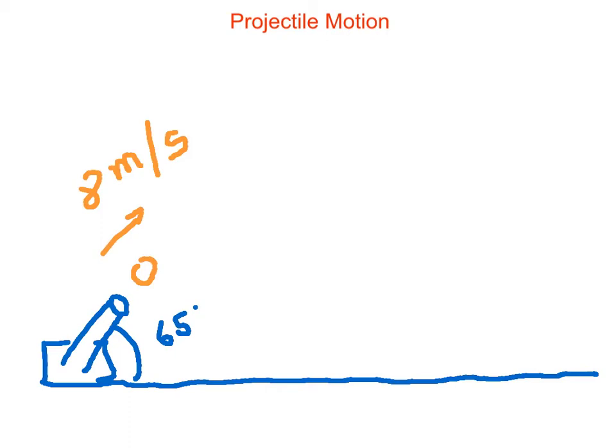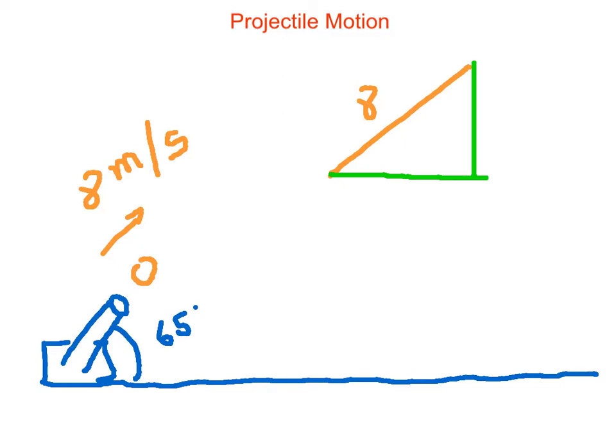So this is basically what we have. We have this vector of 8 meters per second, and what we need to find is related to the horizontal, and here we have the vertical component. What we need to find in this case is the vertical component.